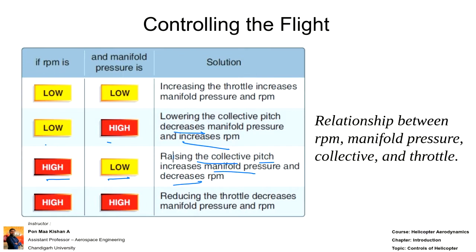When both RPM and manifold pressure are high, we have to reduce the throttle. In the first case, when both are low, we increase the throttle to provide thrust. When both are high, we reduce the throttle in order to get better efficiency.